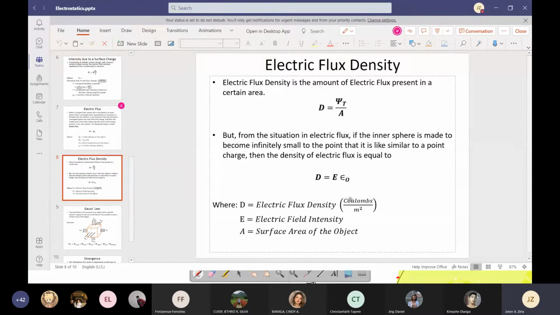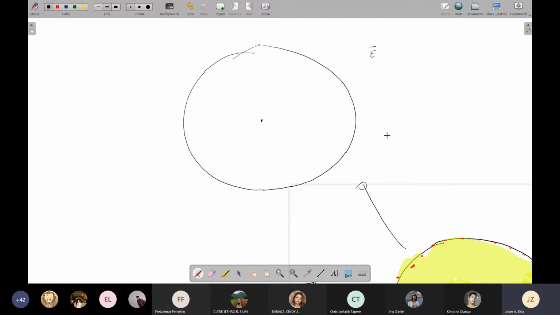So that is what happens to your electric flux density. Electric flux density is very basic: from the electric field intensity, you just multiply by epsilon sub O. So the electric flux density is just epsilon sub O times the electric field intensity.